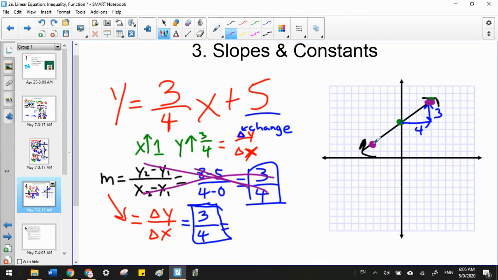The x value changes by 1, 2, 3, 4, 5, 6, 7, 8. And the y value changes by 1, 2, 3, 4, 5, 6. So the way I just did it, delta y over delta x is not 3/4, but 6/8. But if you simplify this, it also simplifies into 3/4.